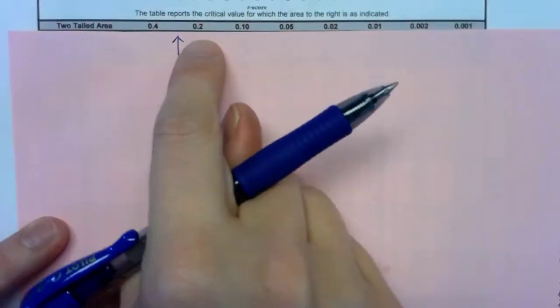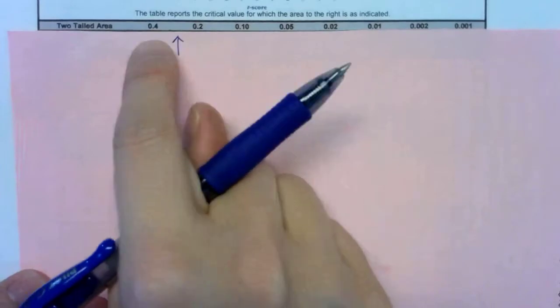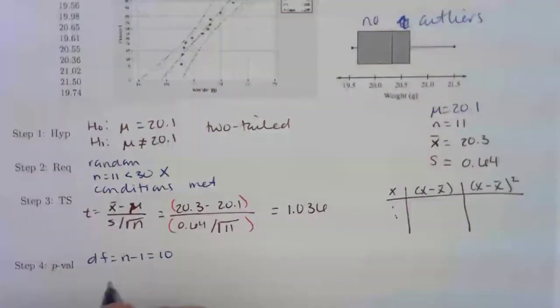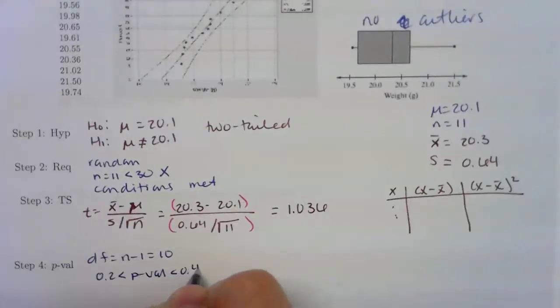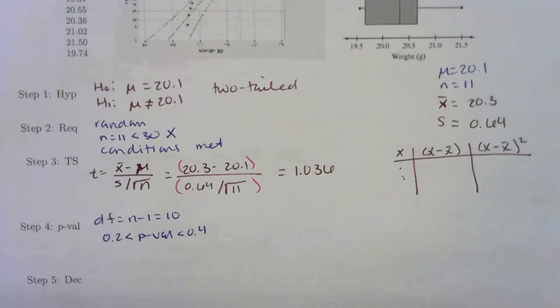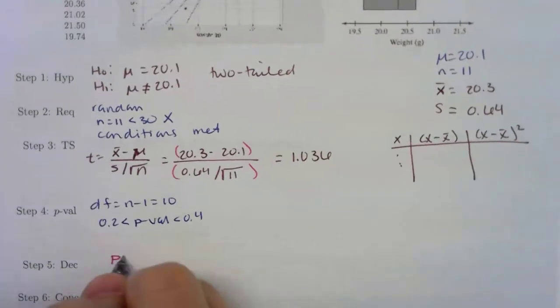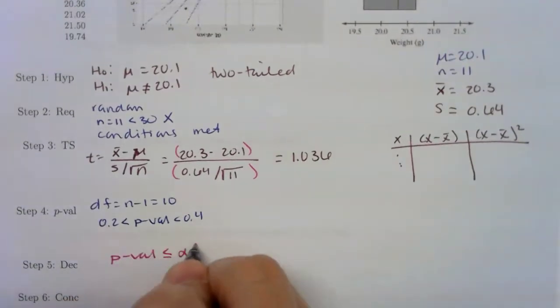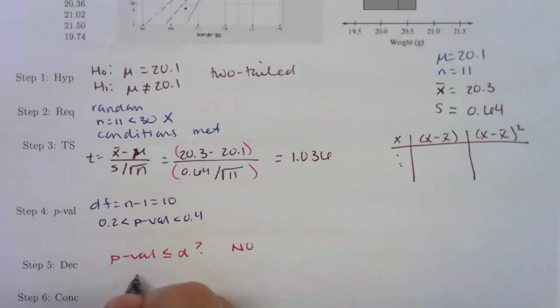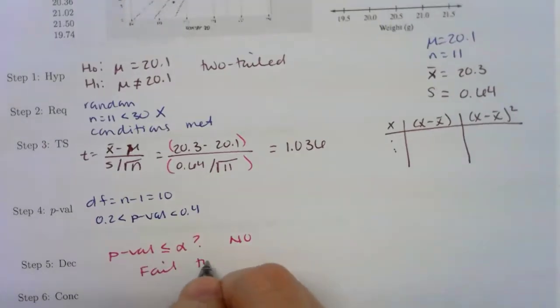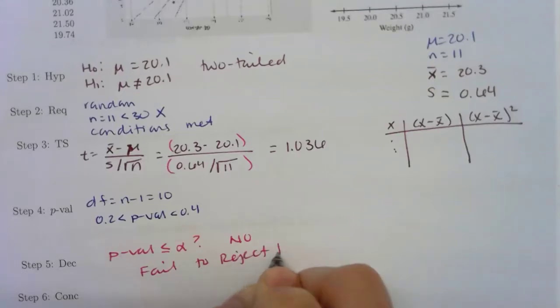So our p-value is between 0.2 and 0.4. So is our p-value less than alpha? The answer is no. So we fail to reject the null.